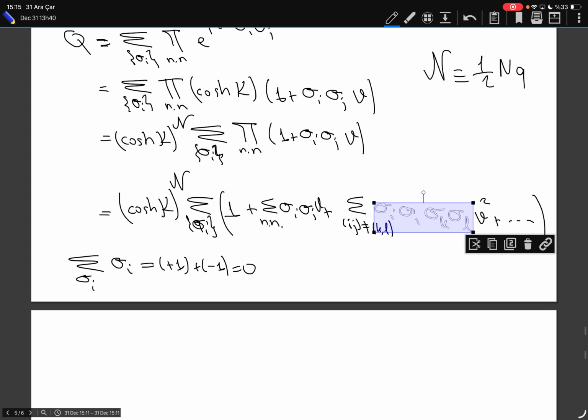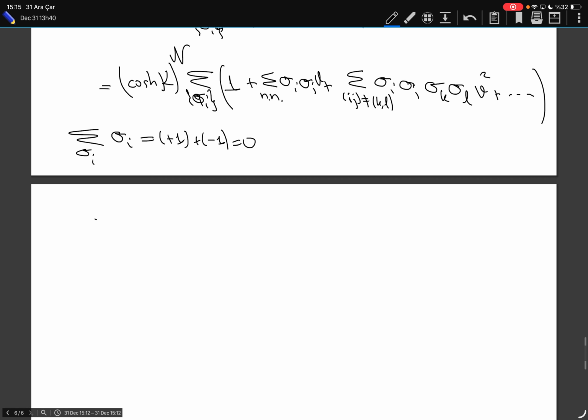But that won't work because j and k should be different. I'm just summing over all different nearest neighbors. No contribution from any of this. We already have a condition: to receive a contribution, I should have each one of those sigma i's appearing twice.